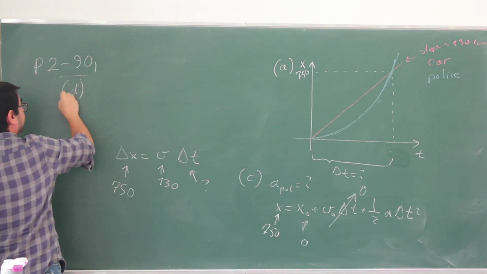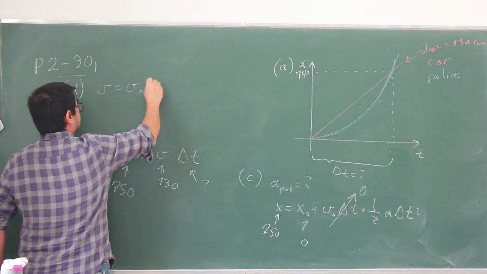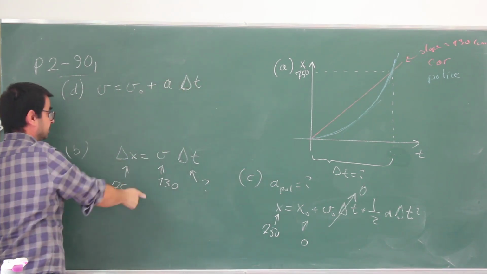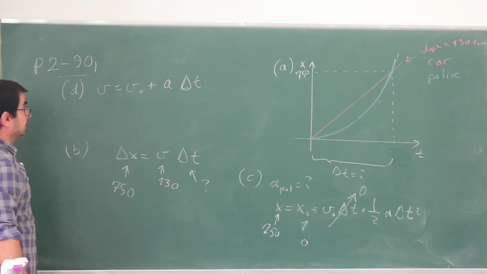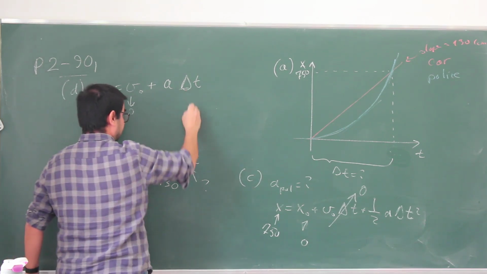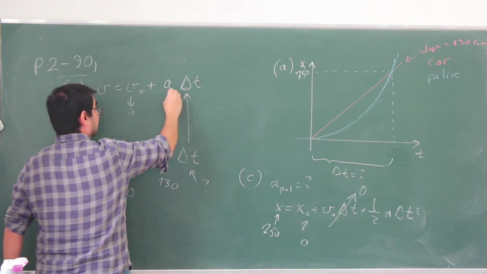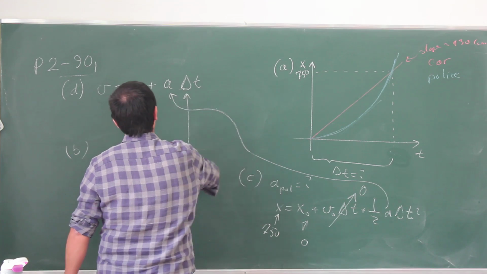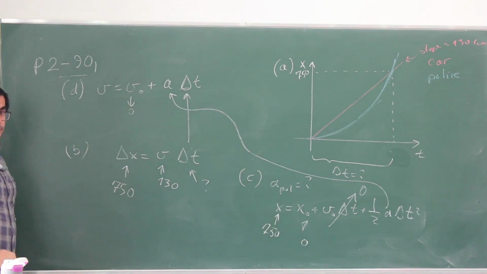So V is V0 plus A delta T. This delta T we calculated here, and we start at 0. Delta T comes from here, acceleration comes from here, and we can find V by plugging in the numbers we found in the previous parts.